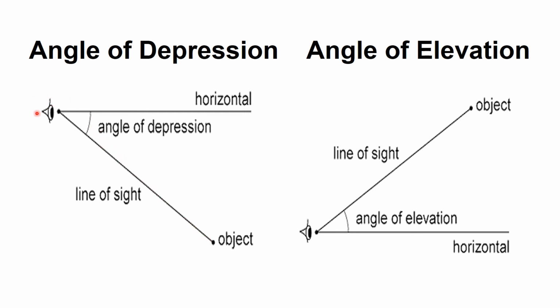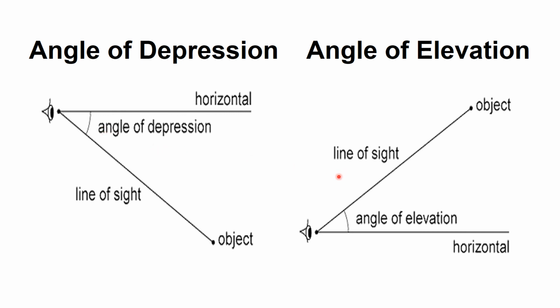The observer is looking at the object, so the line of sight is downwards. So the measure of the angle from the horizontal to the line of sight is called the angle of depression.